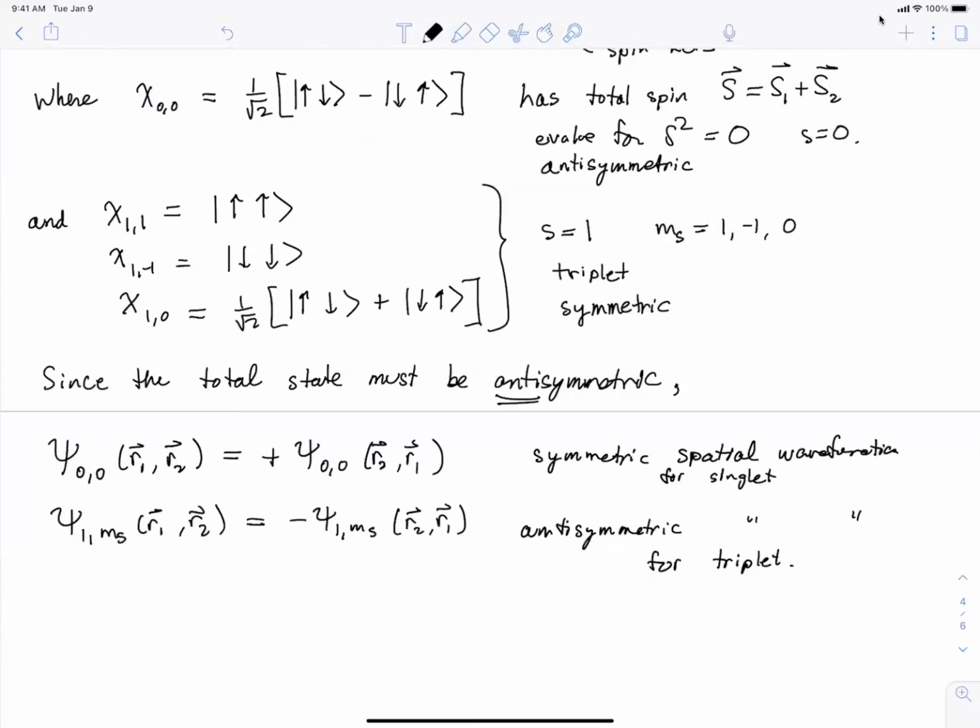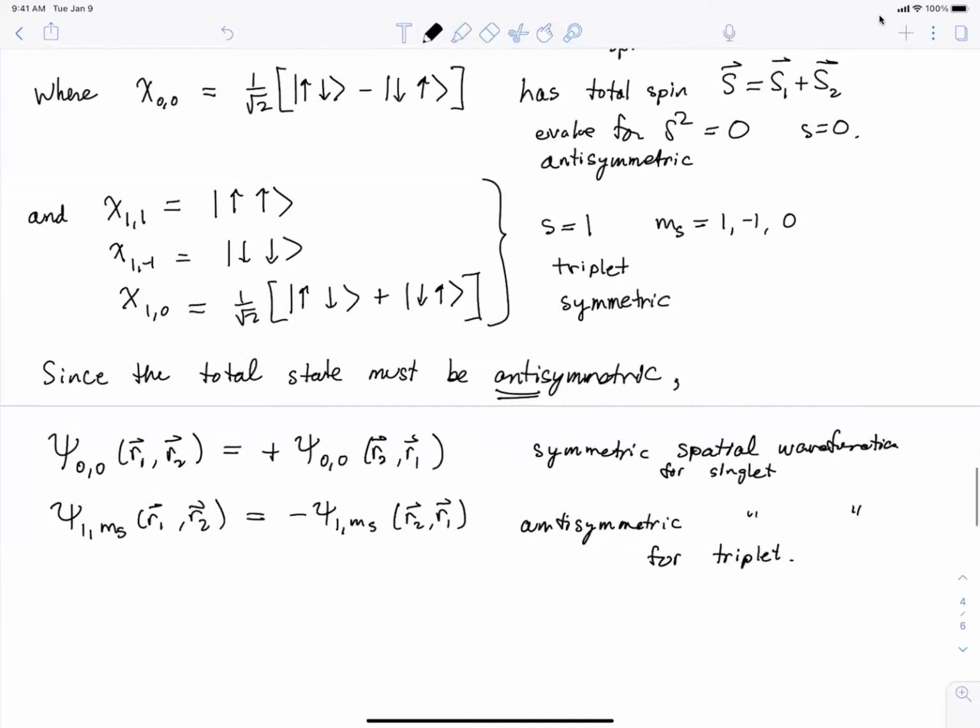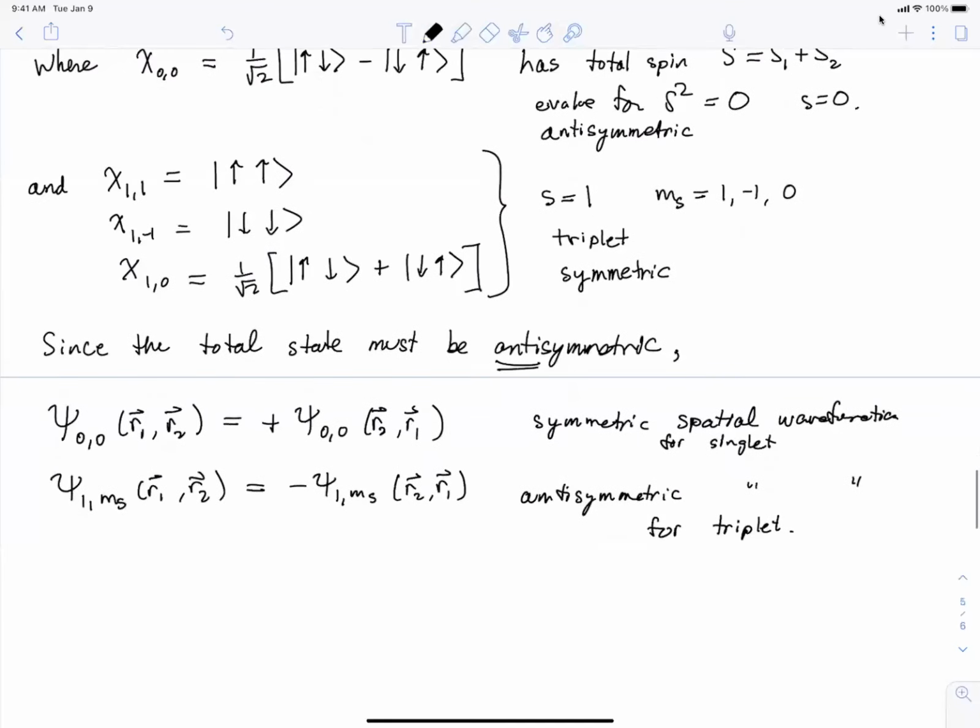So in this way of thinking about it, there are really, for 2 electrons, 4 different spatial wave functions. But for each one of them, you have to pair it with the corresponding spin state in order to not be making a mistake.